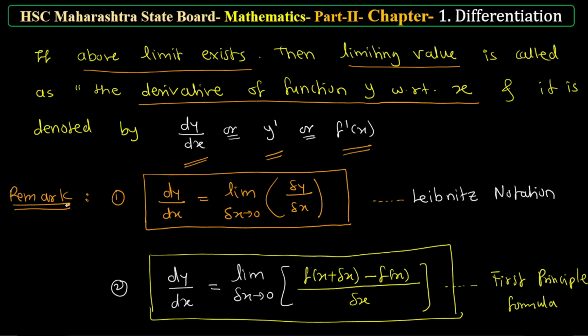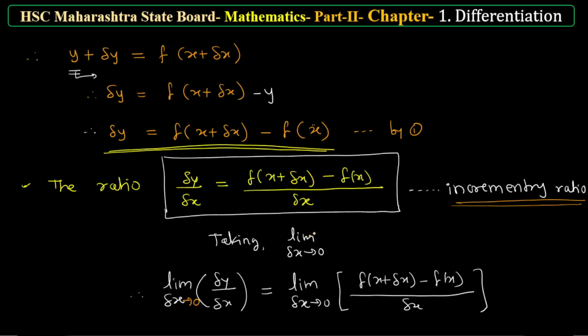तर रिमार्क फर्स्ट, dy upon dx is equal to limit delta x tends to 0 delta y upon delta x. Now this is called as Leibniz notation for derivative. Here put delta y upon delta x, that is the incrementary ratio from this equation.